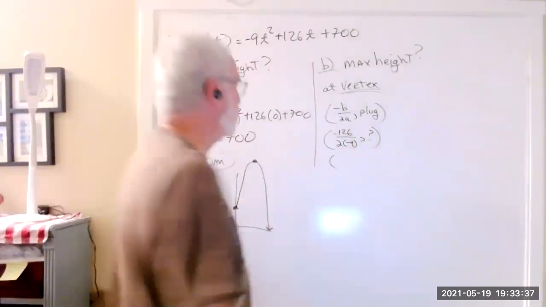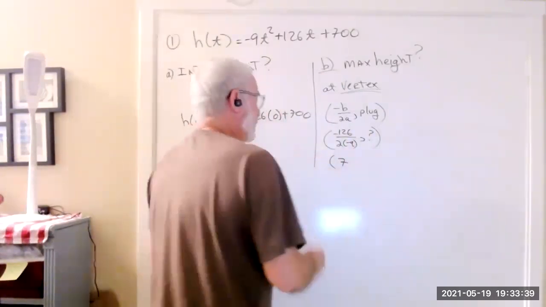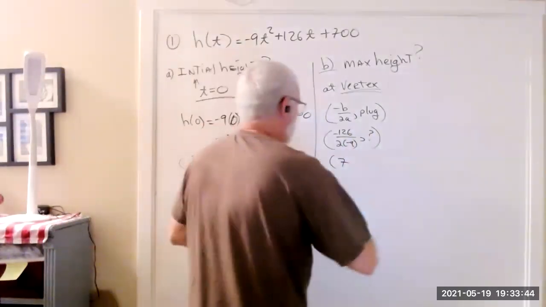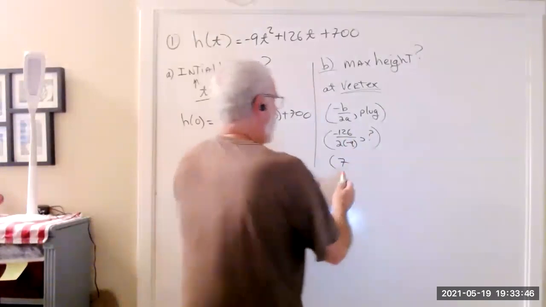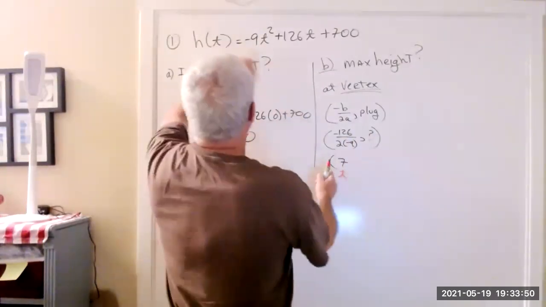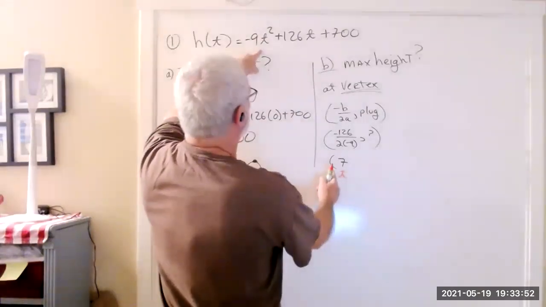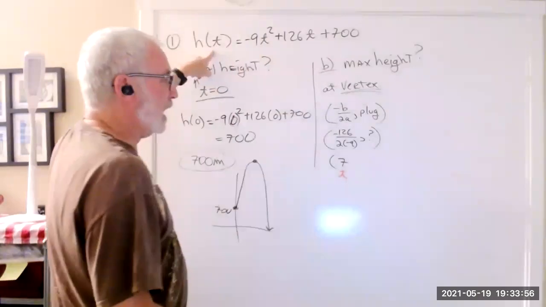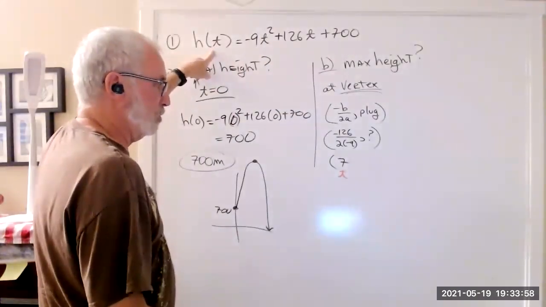Okay, 7. Now, what I'm doing next, this is my t value. I plug it in to find my height, h value.